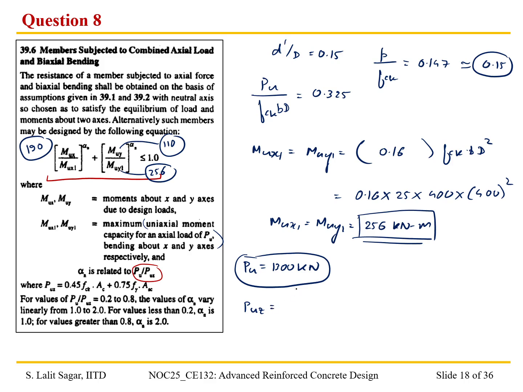Puz is equal to 0.45 fck into Ag plus 0.75 fy minus 0.45 fck multiplied by Asc. Once we plug in all the values, I request you to verify that you're getting the same value. It turns out to be 3567.2 kilonewton.